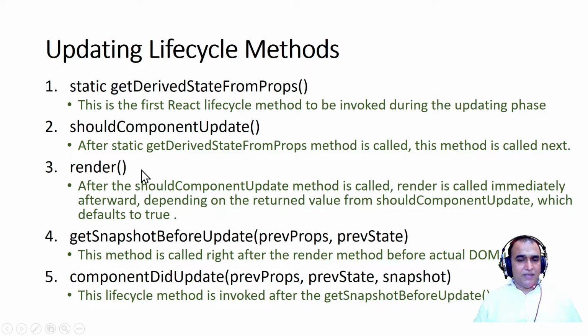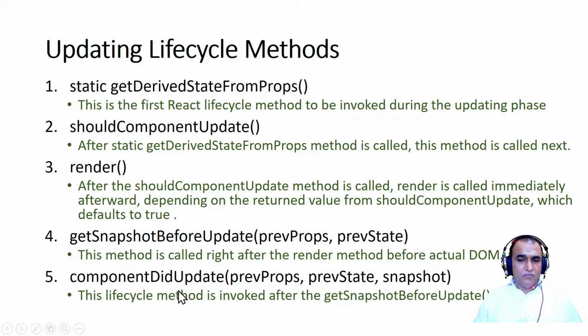After the render method, we have getSnapshotBeforeUpdate, which means before updating the actual component, we have this method executed. It has two parameters, previous props and previous state. So you can compare the previous state with the new state and then take a decision. This method executes just before the update and after render.